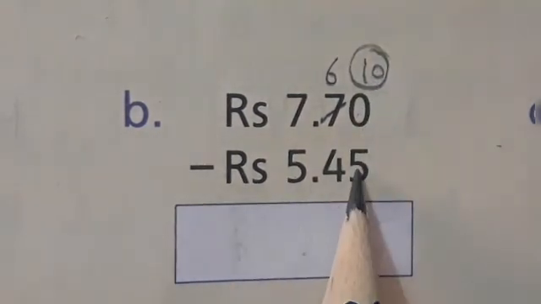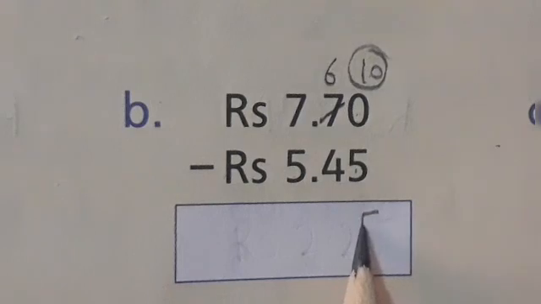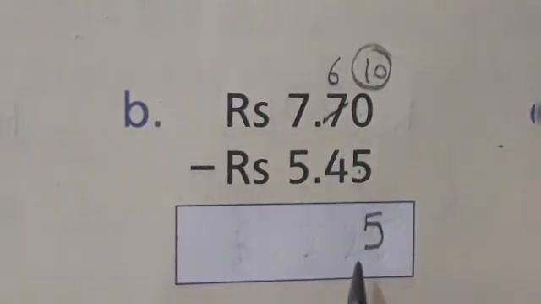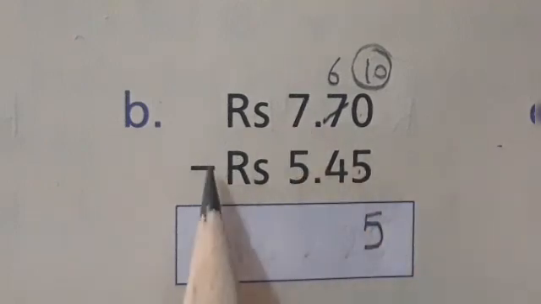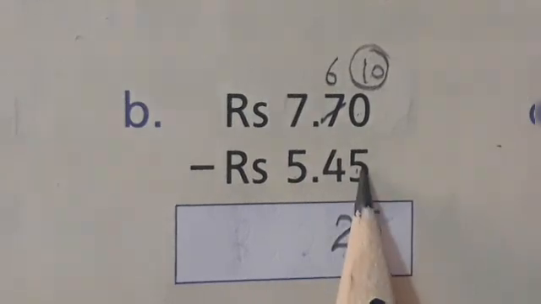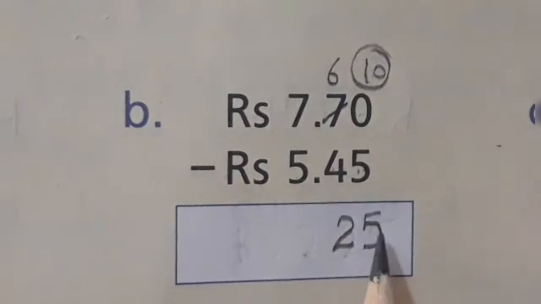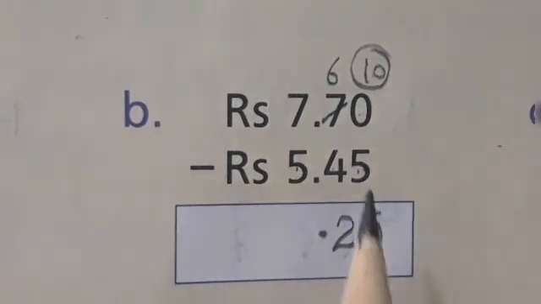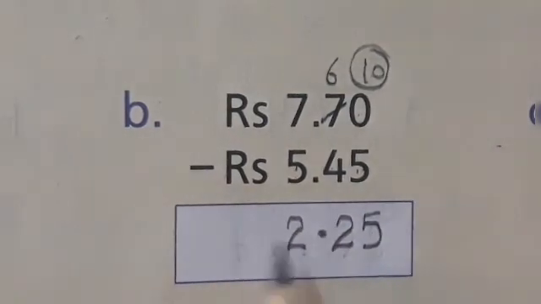Then 10 minus 5, how many? 5. 6 minus 4, just count on your fingers. 6 minus 4, 2. And after 2 digits there is a point, so after 2 digits we will put a point. 7 minus 5 is equals 2. Also write rupees.